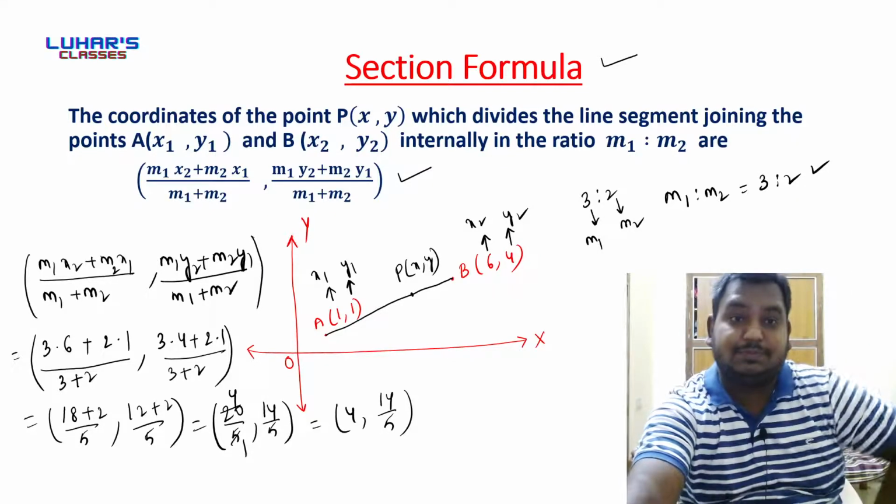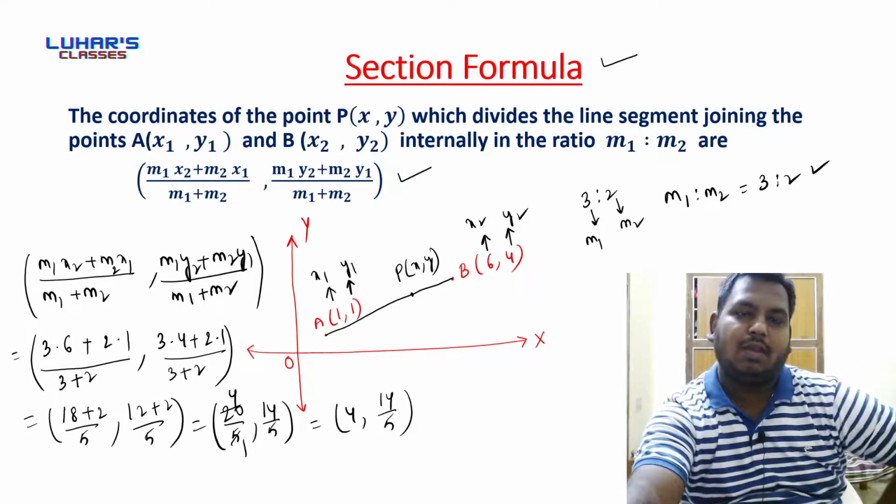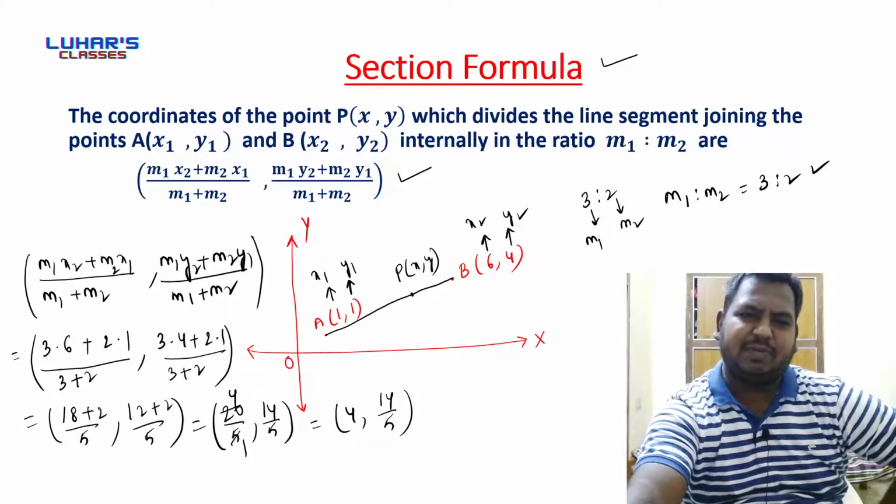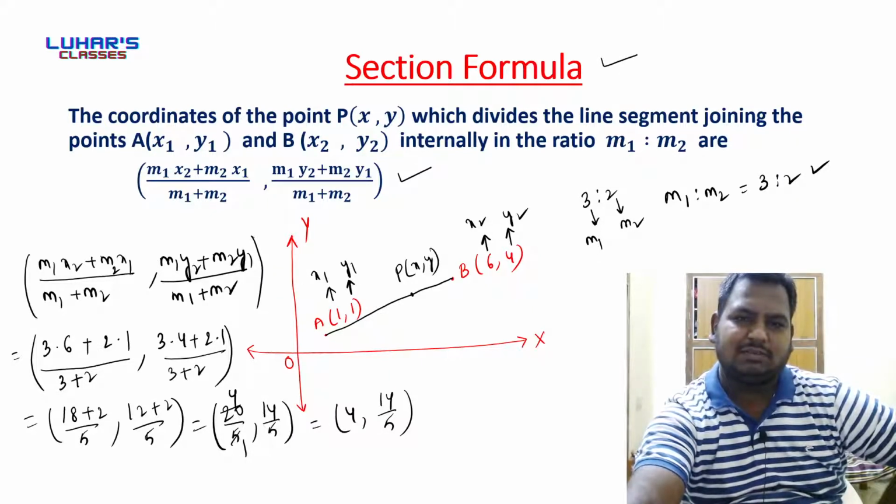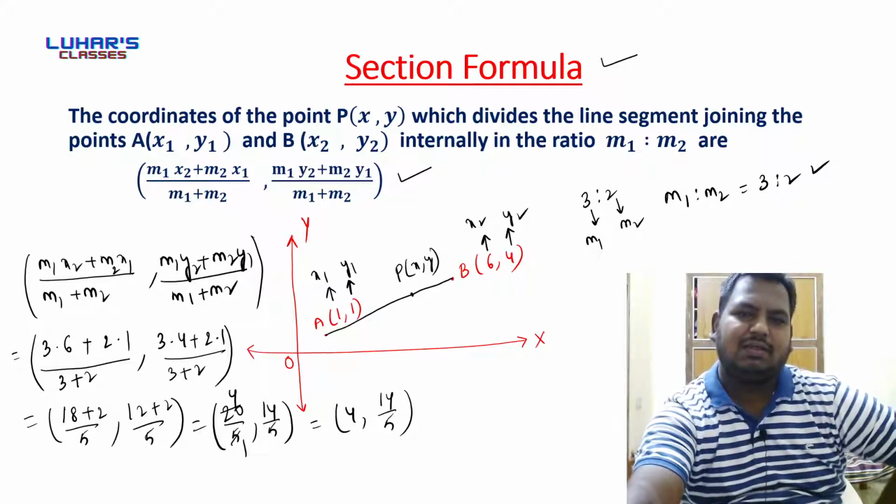Formula is very simple. m1 x2 plus m2 x1 by m1 plus m2 comma m1 y2 plus m2 y1 by m1 plus m2. This is the formula. I hope everyone has learned this formula.